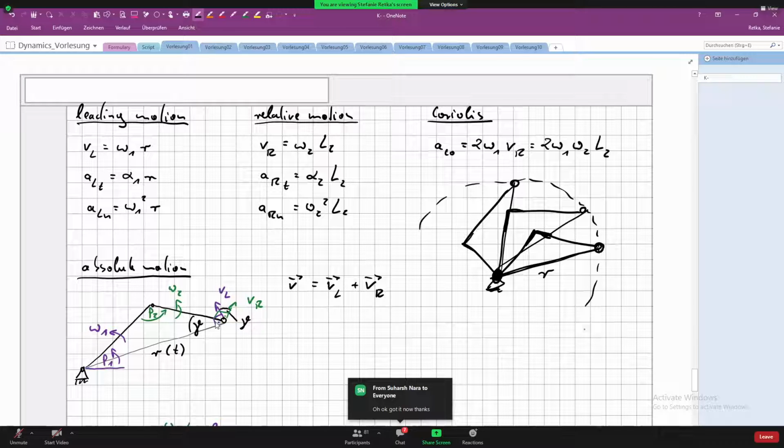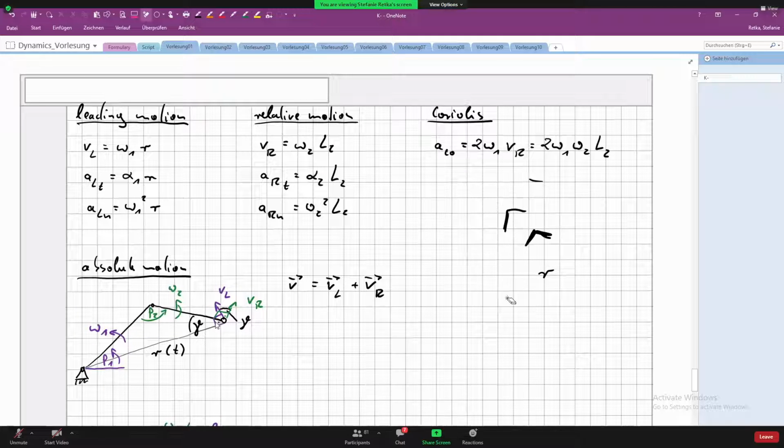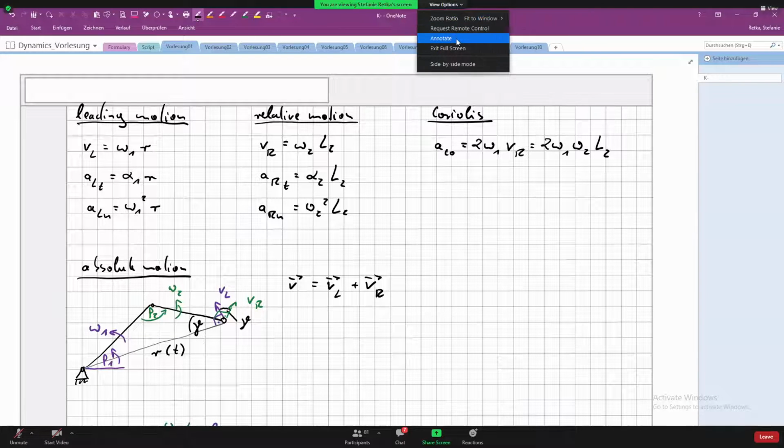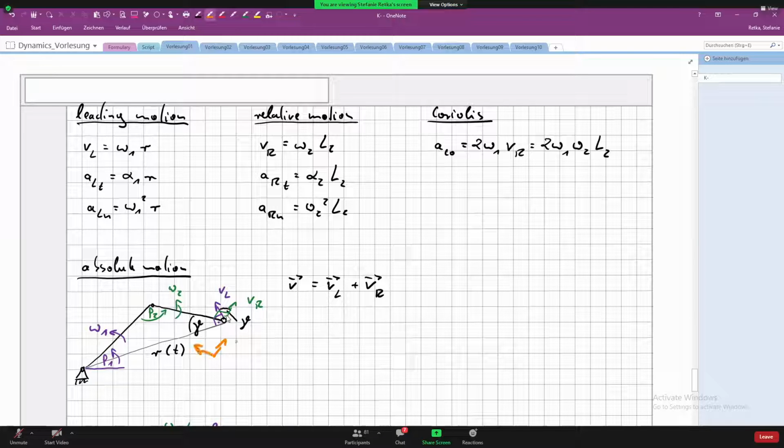Maybe it helps drawing several positions of your objects to find which one is the correct radius. Okay, vector addition. We have to decide which two directions we want to choose. It would make sense to choose either the direction of the leading or the relative velocity vector. It doesn't matter which one. I will choose the relative vector. So let's call this X and Y direction.